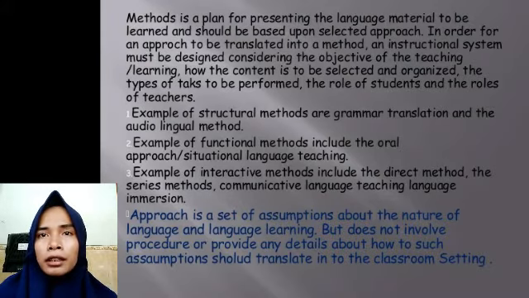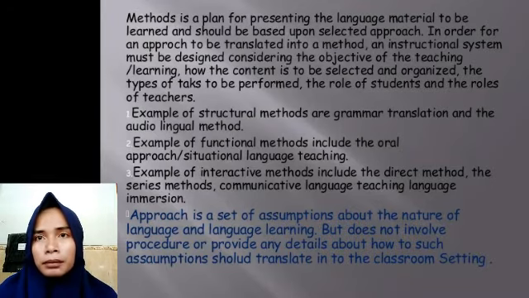In order for an approach to be translated into a method, an instructional system must be designed considering the objective of the teaching or learning, how the content is to be selected and organized, the types of tasks to be performed, the roles of students and the roles of teachers.